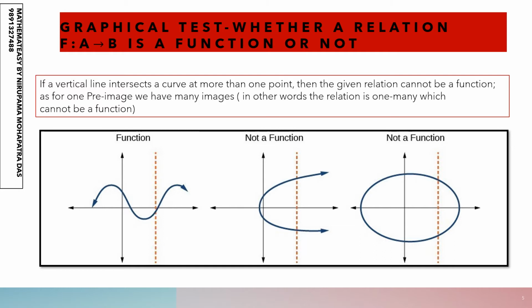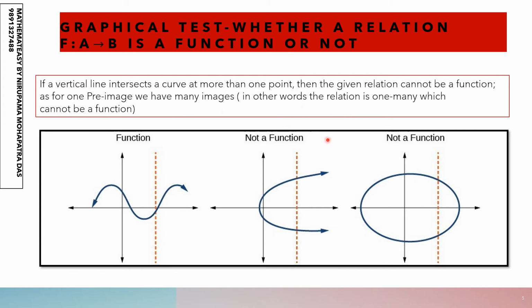Similarly, every element of A has to be taken. If any element of the domain set A is left, again the relation cannot be a function. So all relations are not functions, but all functions are relations.